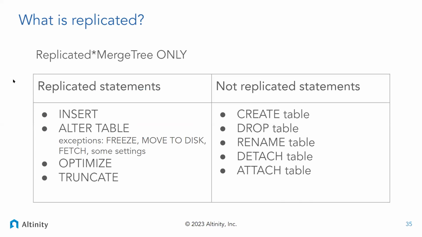So in the ReplicatedMergeTree, the statements on the left are actually replicated. If you do an insert, obviously that is going to be replicated. You just do it in one place. Things like optimize table to force merges or truncate, those are replicated. The DDL statements on the right are not replicated.